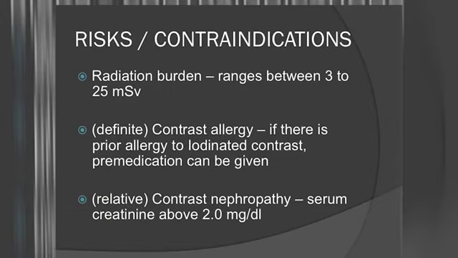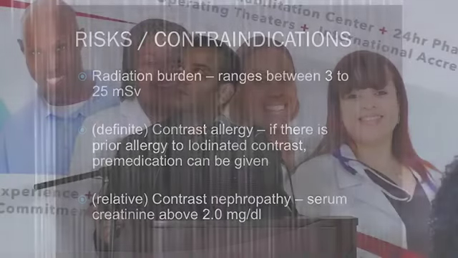In numeric terms, 5 millisieverts is what you would expect as background radiation in a year. So 3 millisieverts is the lower end, and we can tweak our scans and modify the protocol to keep the radiation burden as low as possible. But in certain scenarios, you may have to go on to higher radiation to maintain the scan quality.